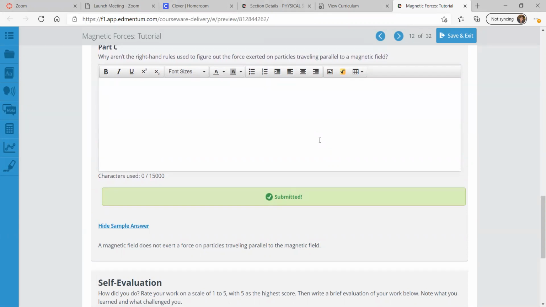Remember, it has to be perpendicular. That's the nature of these electromagnetic particles and current carrying wires. If it's parallel to the magnetic field, it does not experience a force.